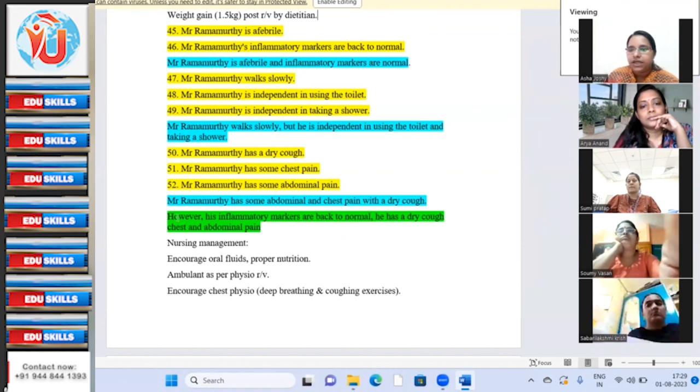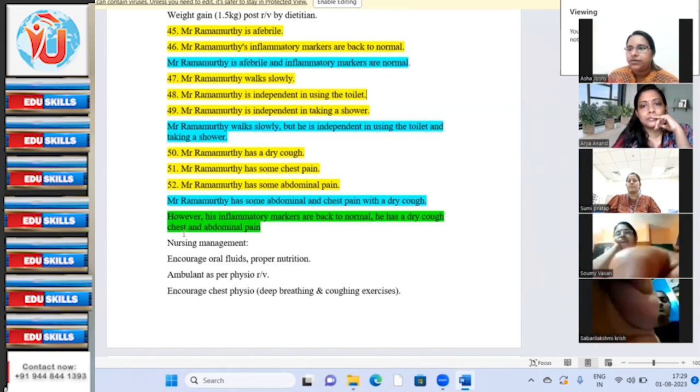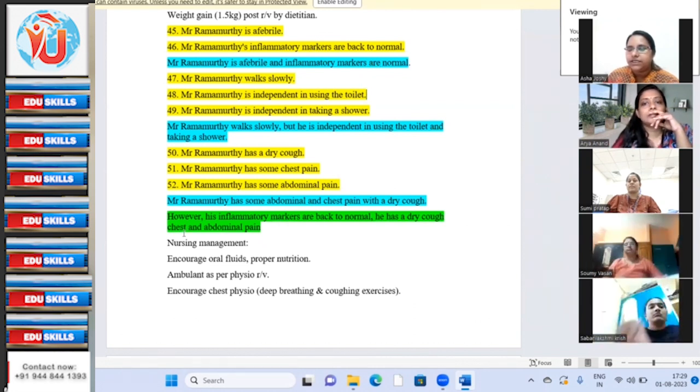Here we can write a complex sentence. His febrile and inflammatory markers are normal. Including these sentences, we can make a complex sentence like: however, his inflammatory markers are back to normal, he has a dry cough.